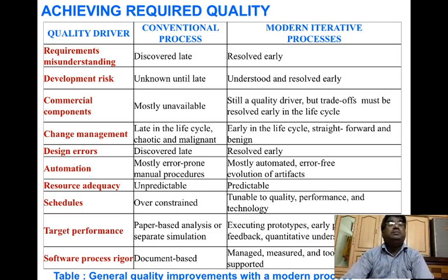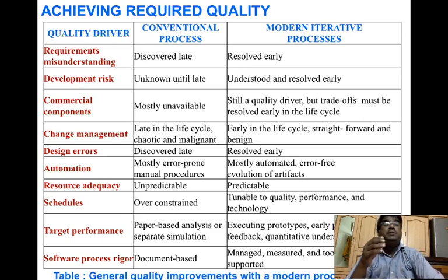Change management: late in the life cycle and malignant. That means during the middle of the project, any modification or management activity change is very difficult in conventional, but in modern practice it is possible.